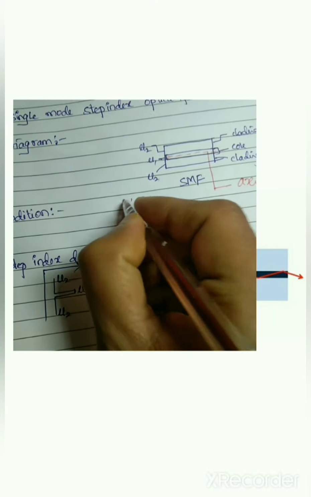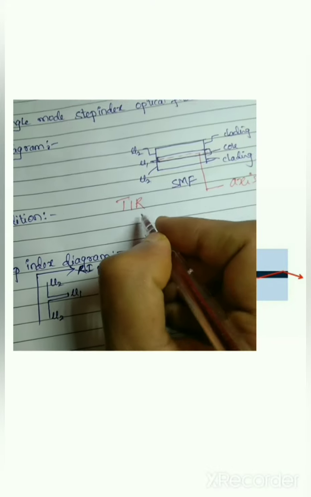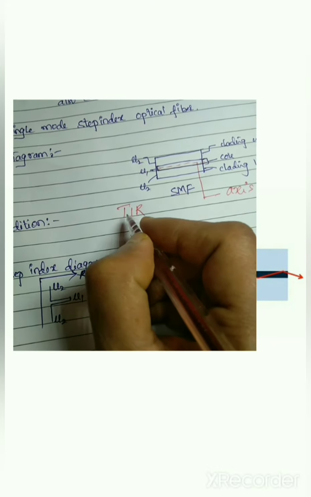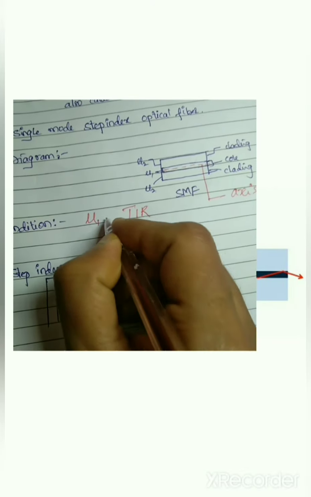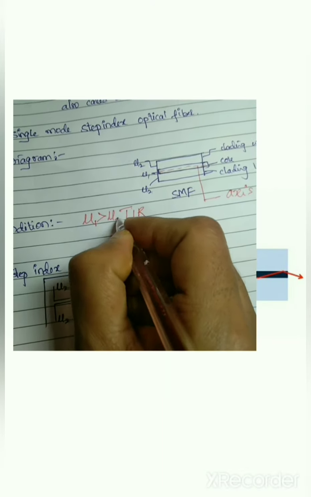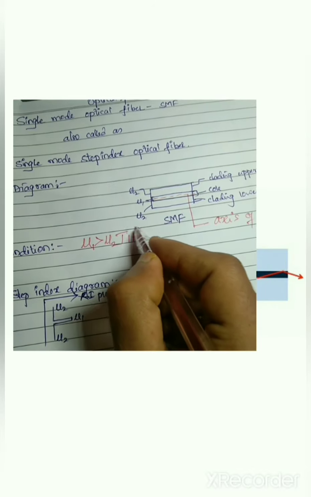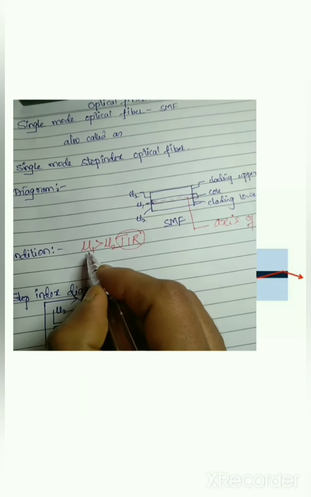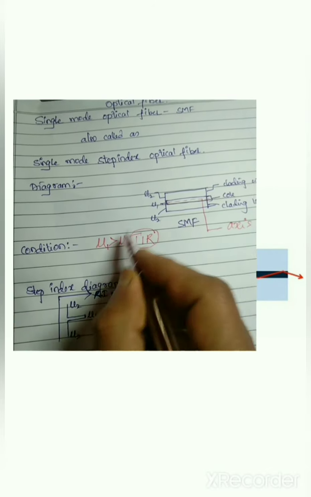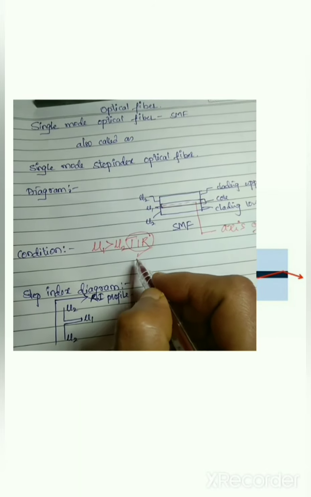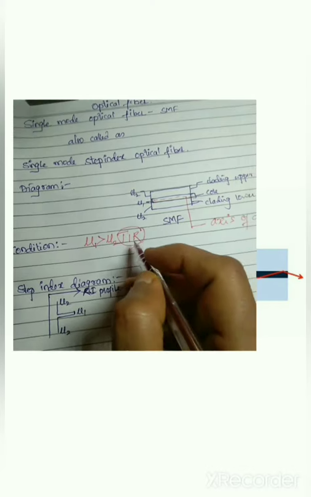The condition must follow TIR. TIR means total internal reflection. The condition here is mu1 is greater than mu2. This is the condition which is satisfied with the help of TIR, total internal reflection.